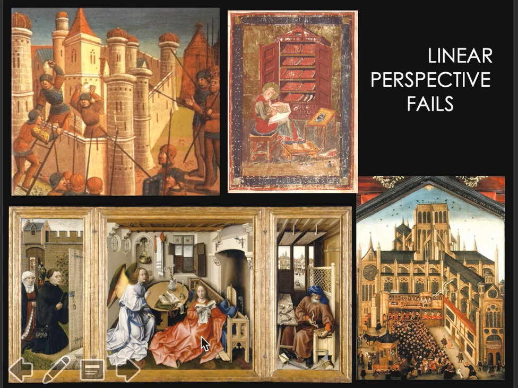But there are some good qualities in here, some ideas that are happening. And then on this, from this vantage point, you would not be able to see multiple sides of this cathedral, of this church. They were trying to show that in their image. So again, we're almost there. We're just missing the mark.